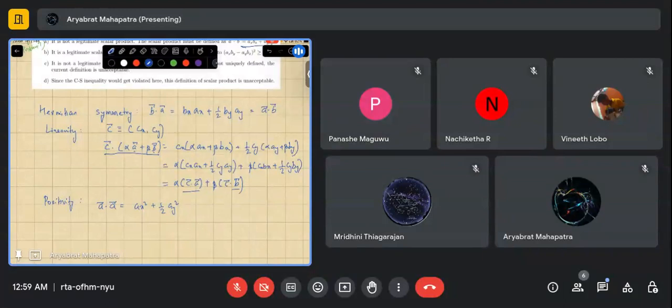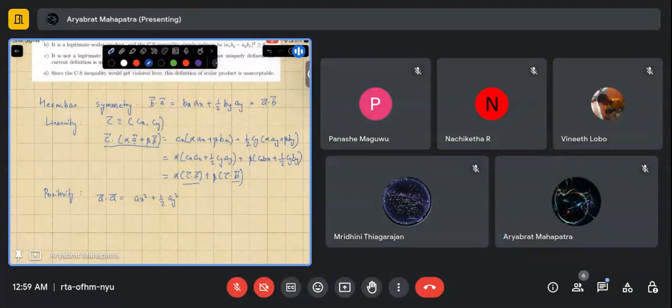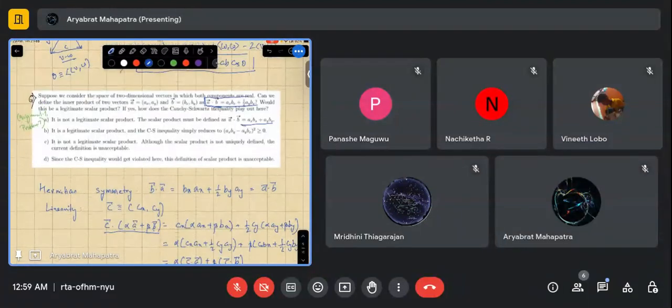So this also satisfies the positivity condition. So it follows all the definitions of a scalar product, and hence it forms a legitimate scalar product. So the first statement cannot be true.